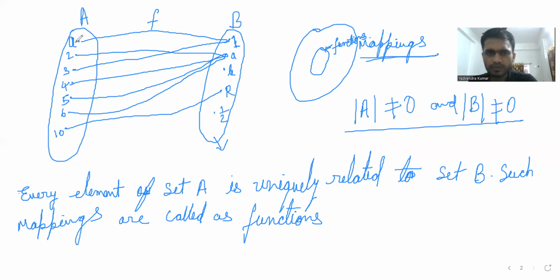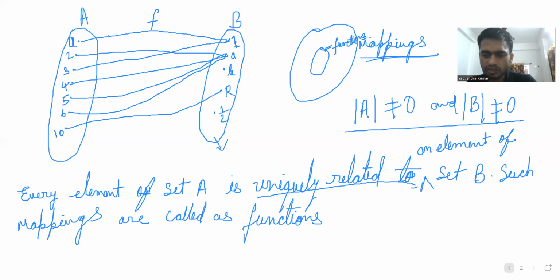That does not matter. What matters is that every element of A is uniquely related to an element of set B. This is the correct and precise definition of functions, right?